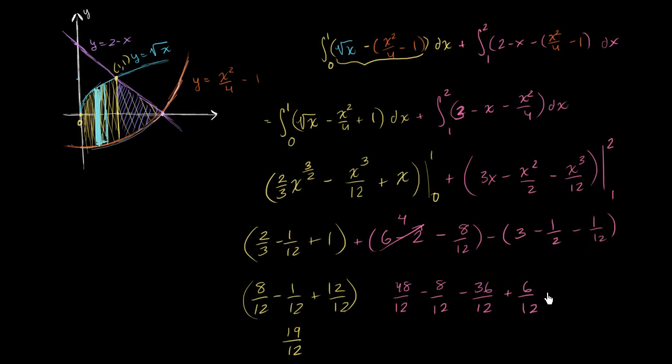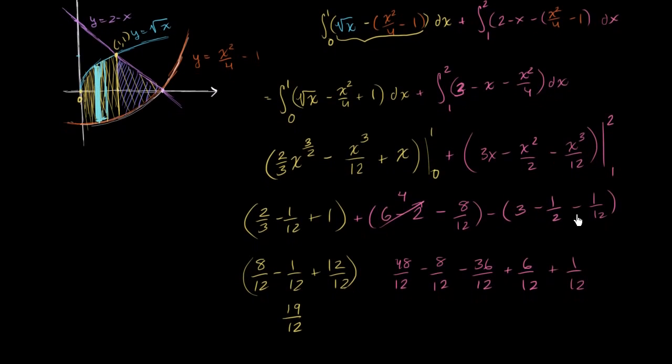And then we're going to add a 1/12. So this is all going to simplify to, let's see, 48 minus 8 is 40, minus 36 is 4, plus 6 is 10, plus 1 is 11. So this becomes plus 11 over 12. Let me make sure I did that right. 48 minus 8 is 40, minus 36 is 4, 10, 11. So that looks right.